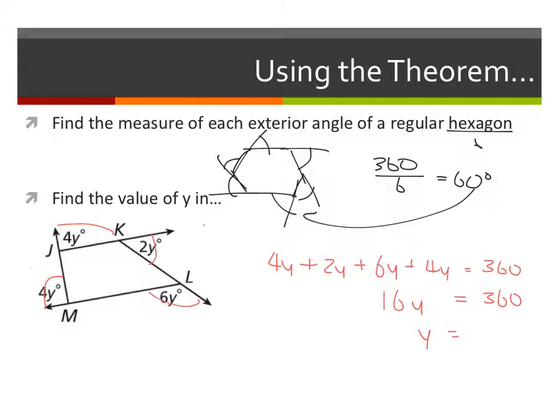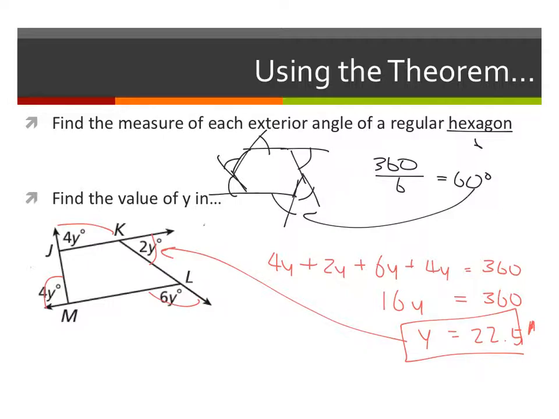Not quite. What's y in this case? Yes. 22.5 degrees. Oh no, not degrees, sorry. It's just 22.5 is y. And then if you plug that in, that means the measure of k, or this angle over here with 2y, must be 45 degrees.